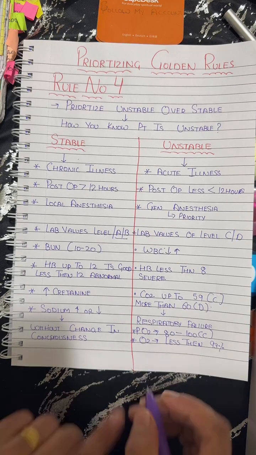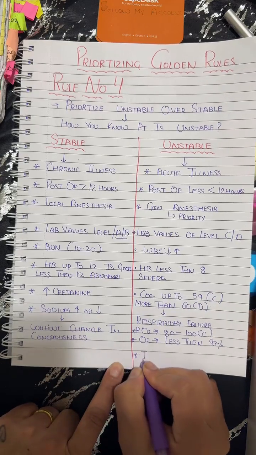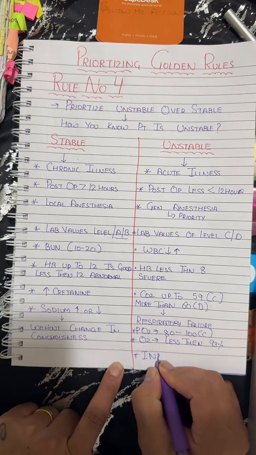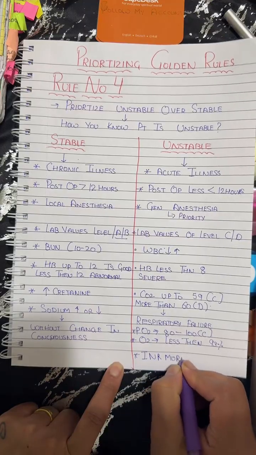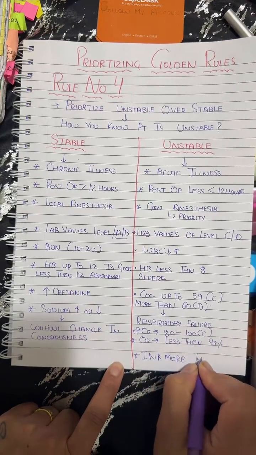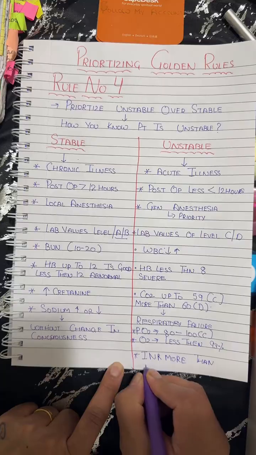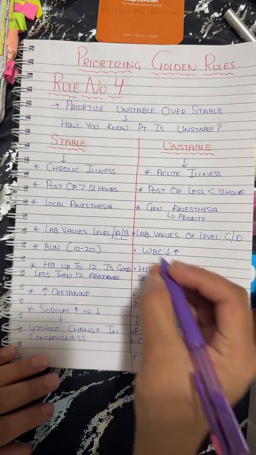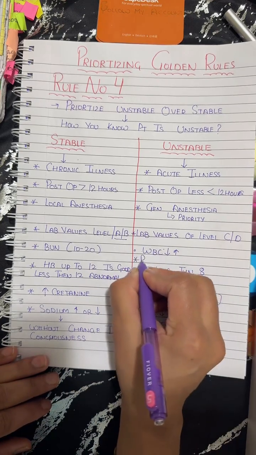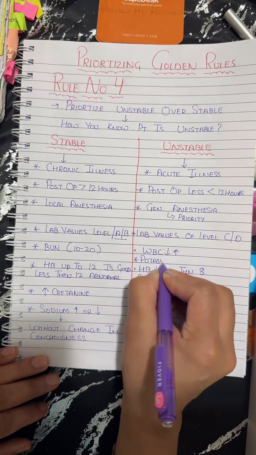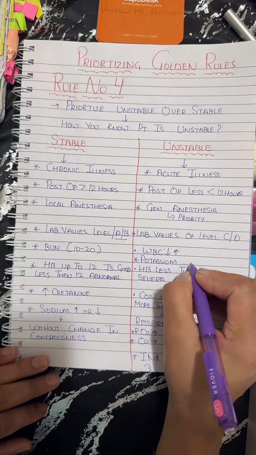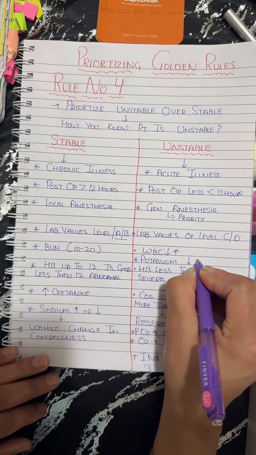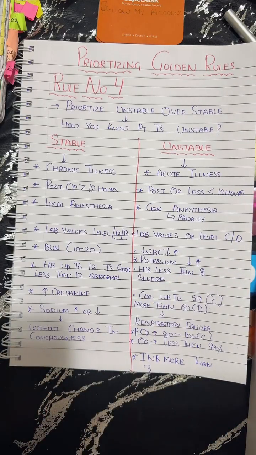One more, I'm going to write down here: INR more than 3, patient is unstable. And one more, potassium. Even decreased, even increased, patient is unstable.